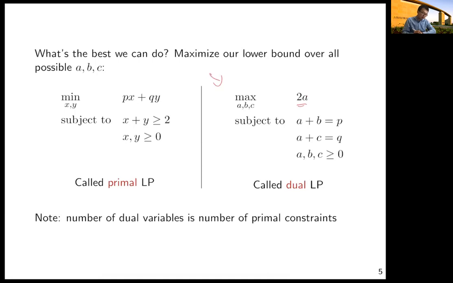So this example gives the essence of a pair of problems that are closely related to each other. One is minimizing some quantities, the other is maximizing some quantities over a number of variables. We call the problem on the left hand side the primal problem, and the problem on the right hand side the dual problem.